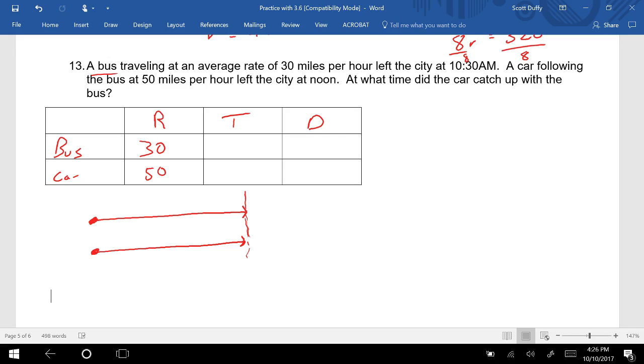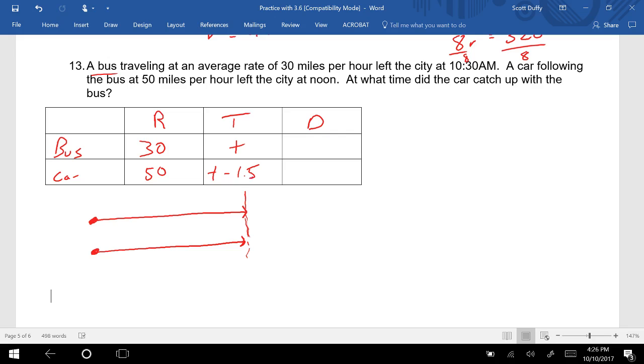What we know is that however long the bus has been on the road, we'll call it t, the car left at noon, which is an hour and a half later than the bus, meaning that it has been on the road an hour and a half less time than the bus. Now we want to know when their distances will be equal.